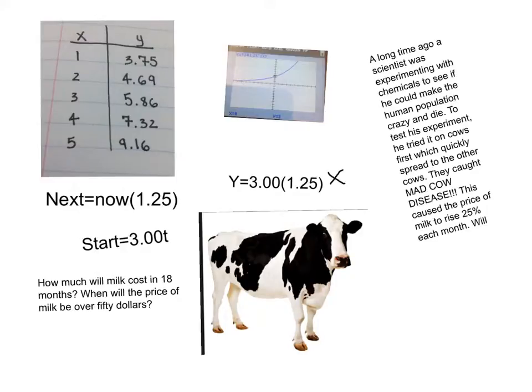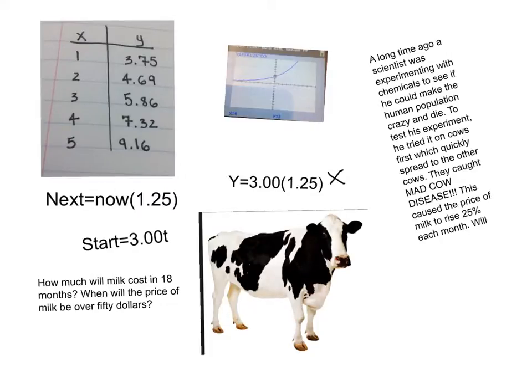For our equation, we have y equals $3 times 1.25 raised to the x power. x is equal to the amount of months, and y is equal to the total cost of the milk.